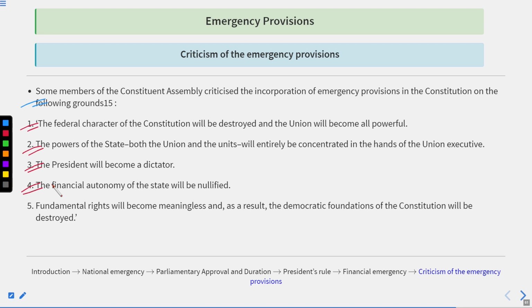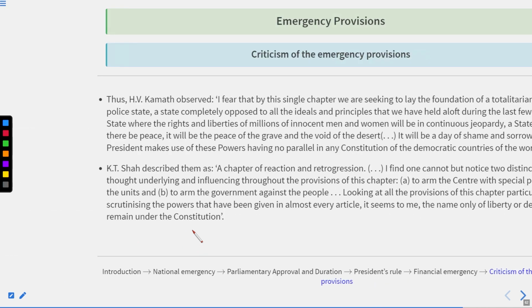The financial autonomy of the state will be nullified. The fundamental rights will become meaningless, and as a result, the democratic foundation of the Constitution will be destroyed, because all the fundamental rights are suspended except Article 20 and Article 21.